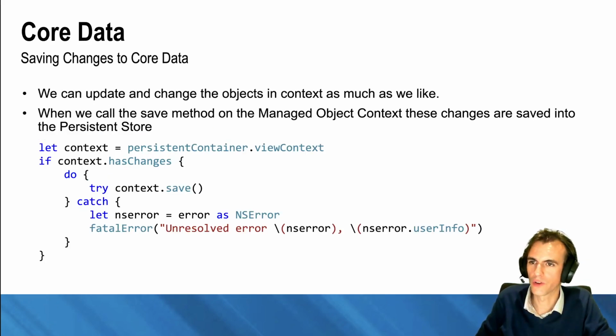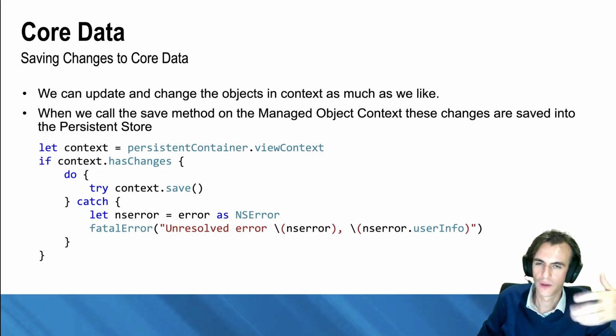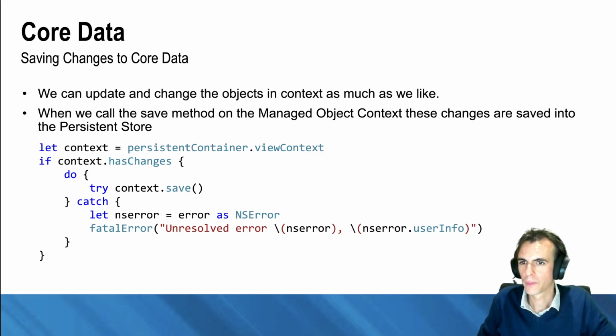So how do we save the context? We can update and change objects as much as we like, and you do that just by inserting new ones, changing their properties, or changing the properties of existing ones. Then when we call save, those changes end up in our database or our XML file or whatever is storing Core Data. So we can check whether the context has changes, as in there's anything that needs saving.